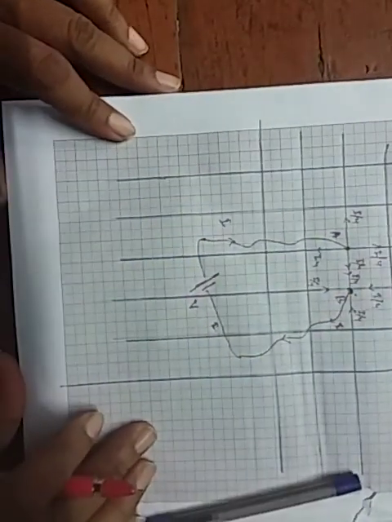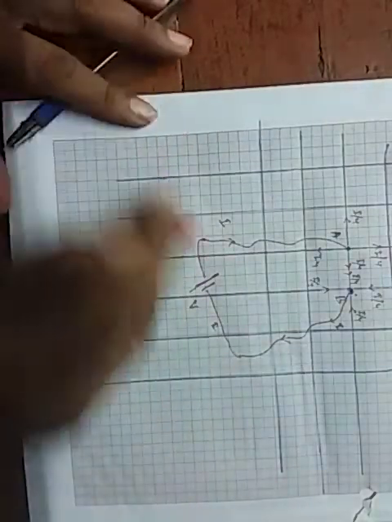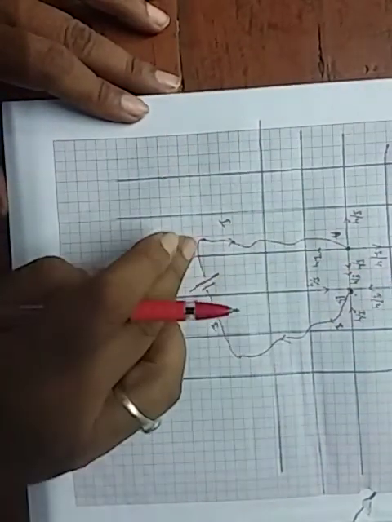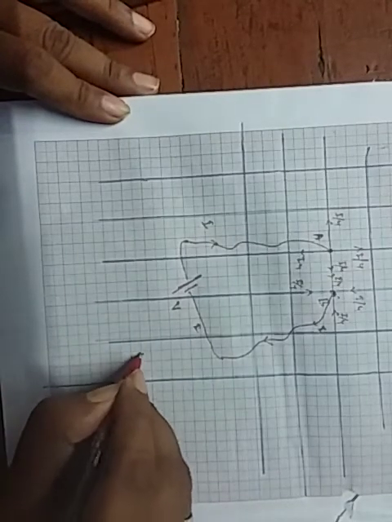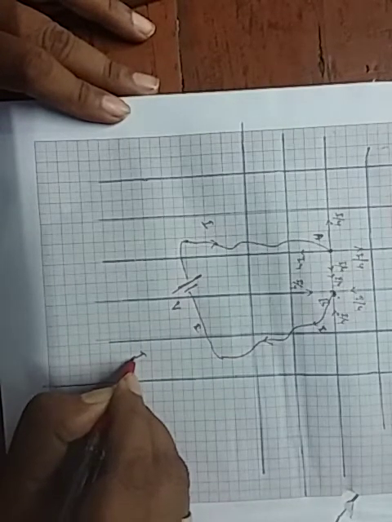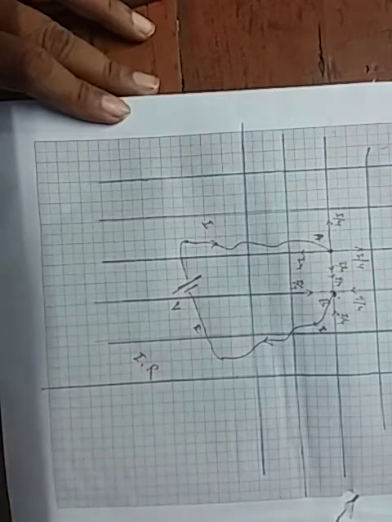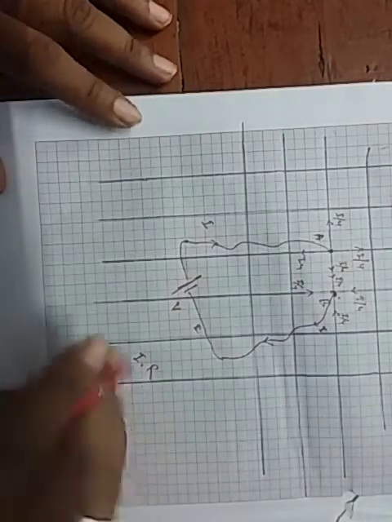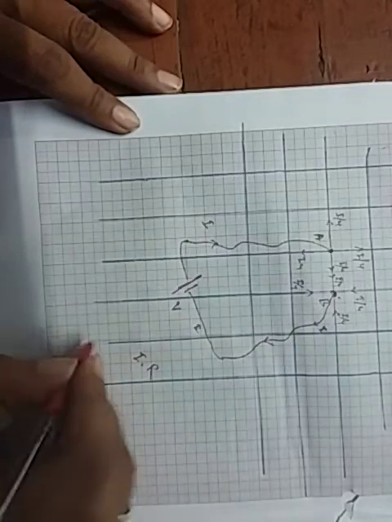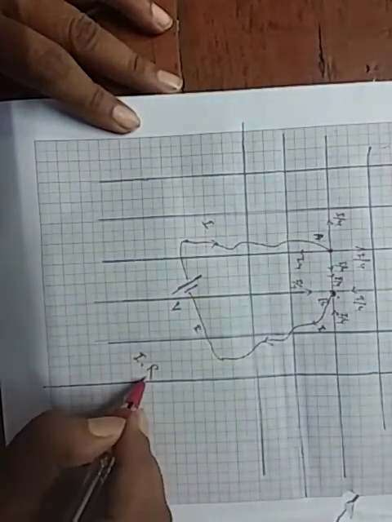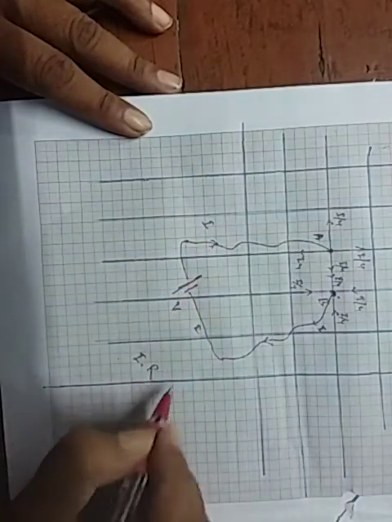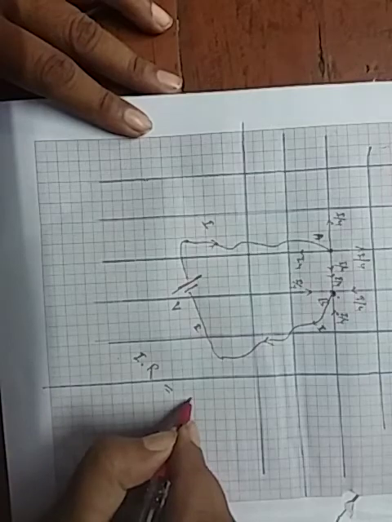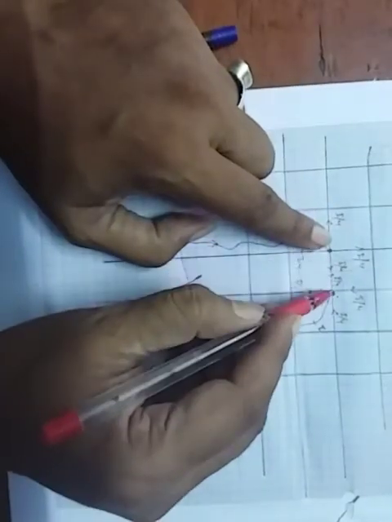So in this AB junction, I am getting current I by 4 plus I by 4. If my equivalent resistance is R, then I into R, this is I and this is R, must be equal to the potential drop across AB.